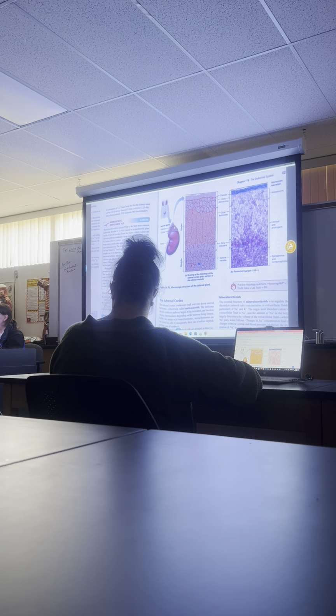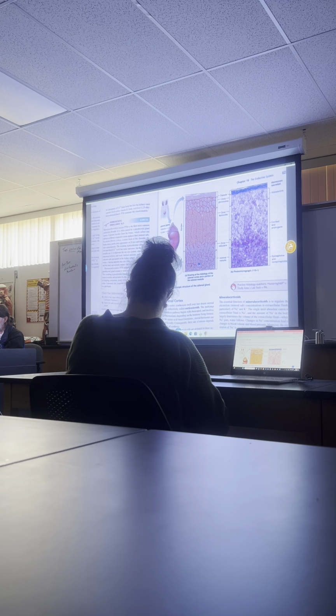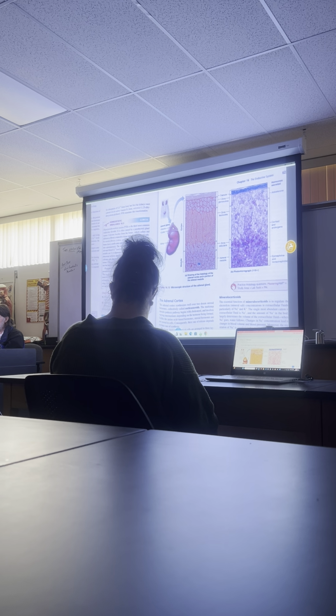Okay, and you remember norepinephrine from our smooth muscle with acetylcholine and norepinephrine, but it's not a part of this so much. So the medulla makes and releases epinephrine. But the outer part is called the cortex, the adrenal cortex.